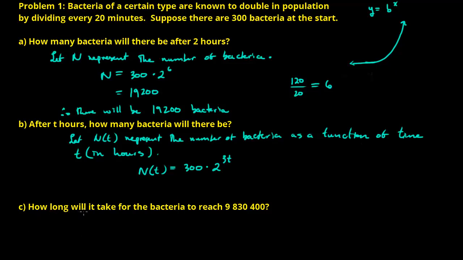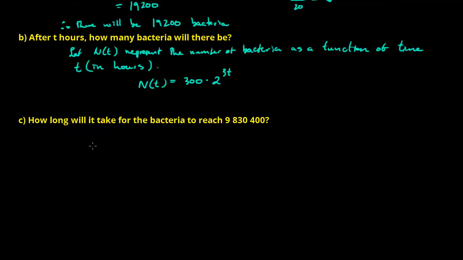And then it says, how long will it take for the bacteria to reach 9,830,400? So here we can let n of t be equal to 9,830,400, and then I can solve this equation for t. So I've got that that's equal to 300 times 2 to the power of 3t.